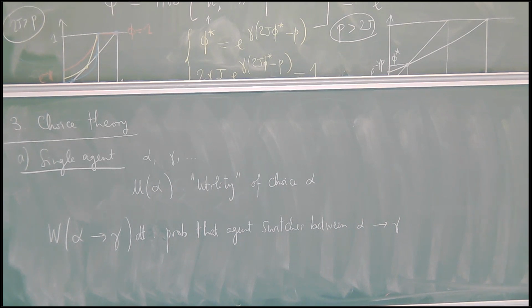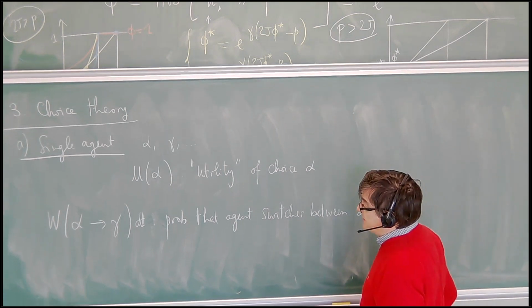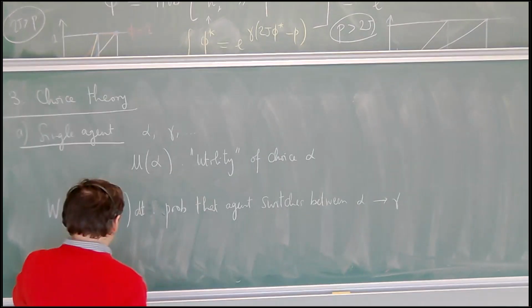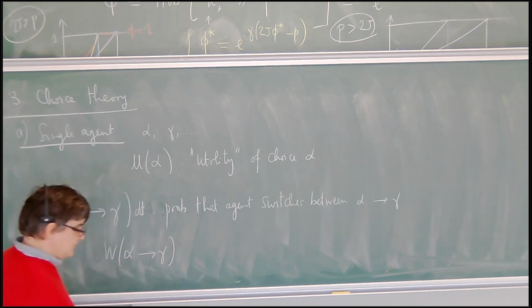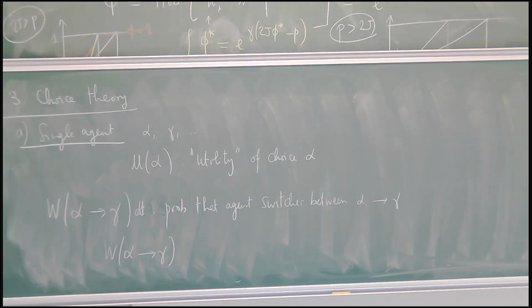Okay, and so we're going to assume that this is done more or less randomly with some rate W alpha to gamma, and the standard choice in choice theory is the following. You'll recognize something that we're used to in physics, and there's a good reason in physics to write that down, but it's not so clear why you should do this in economics, apart from the fact, of course, that it leads to much simpler calculations.